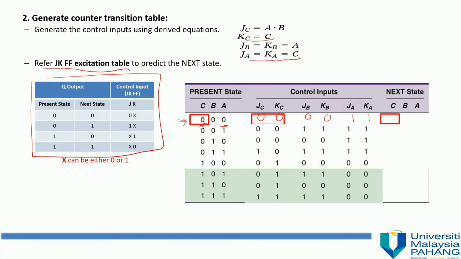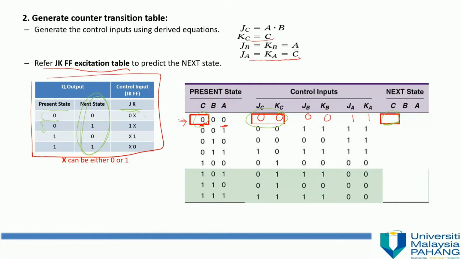First, we refer to the present state C, control inputs JC and KC, and next state C. When the present state for C is 0, we want to predict the next state. The information that we have now is the present state and the control input. The present state is 0, so it is in either of these two rows. And our JC equals 0 and KC equals 0.